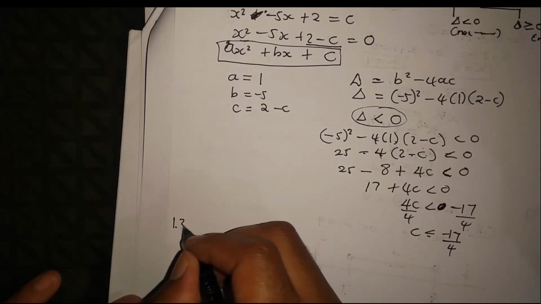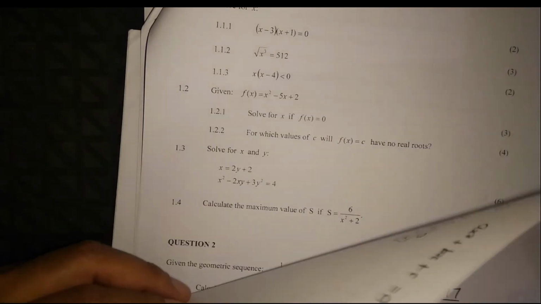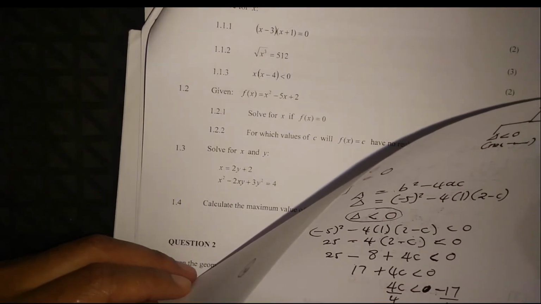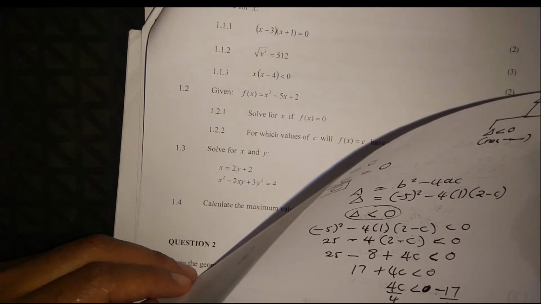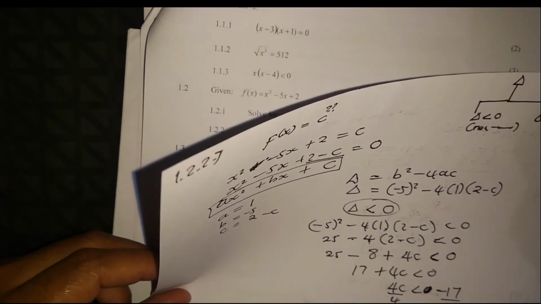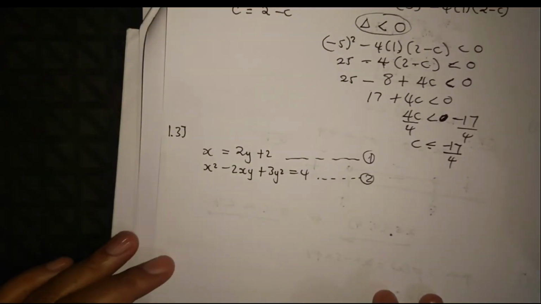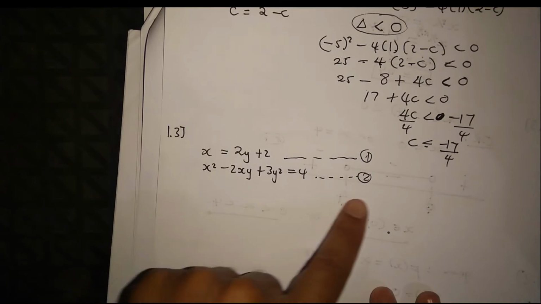Right, now we go to simultaneous equations, 1.3: solve for x and y. We are given two equations: x equal to 2y plus 2, and x squared minus 2xy plus 3y squared is equal to 4. Equation 1 and equation 2.